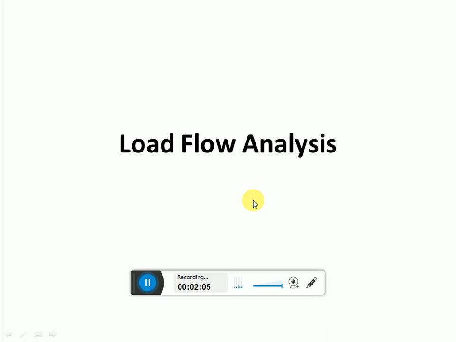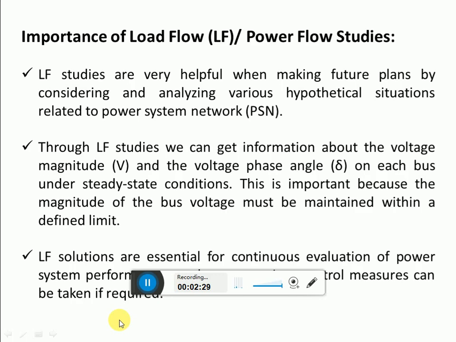Now this load flow involves iterative techniques like the Newton-Raphson load flow method and the Gauss-Seidel method to do the analysis of the power system. Now moving forward, why there is a need or importance of load flow or power flow studies.